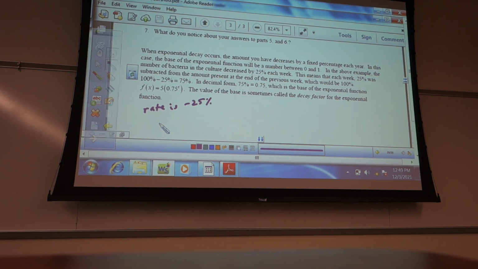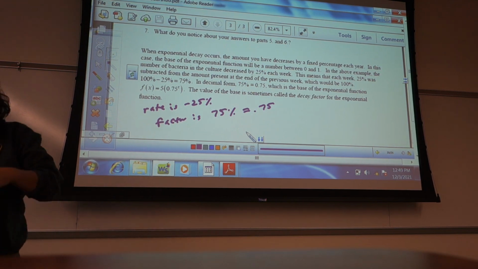The factor is 75%, which equals 0.75. Negative 25%? Yeah, I'm losing 25%. I'm not gaining, I'm losing. Does that kind of make sense? Yes.